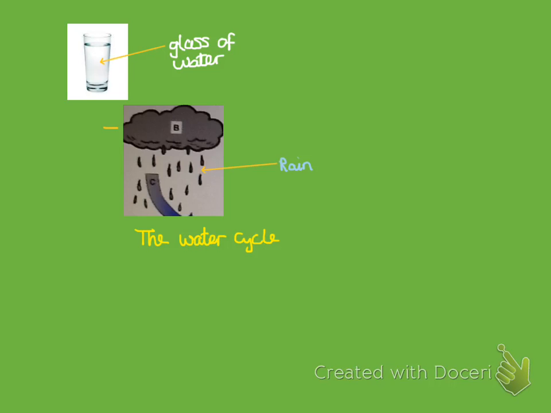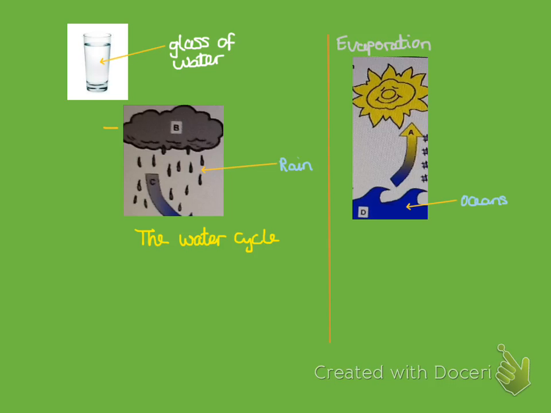This cycle is made up of a few main parts. It begins with evaporation of water from the surface of oceans.